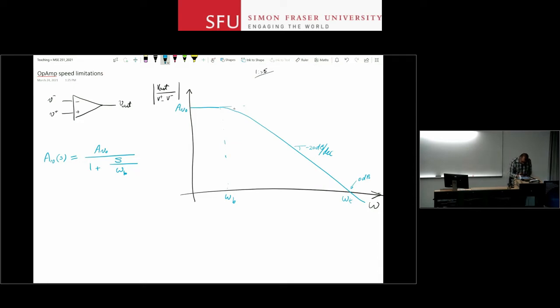So maybe I should actually put it here. So this is your minus 3 dB point, right? And we know why minus 3 dB is important from circuit theory or control theory. Minus 3 dB for the signal amplitude means that your signal power has halved. You have half the signal power at this point, 0.7 in terms of amplitude.